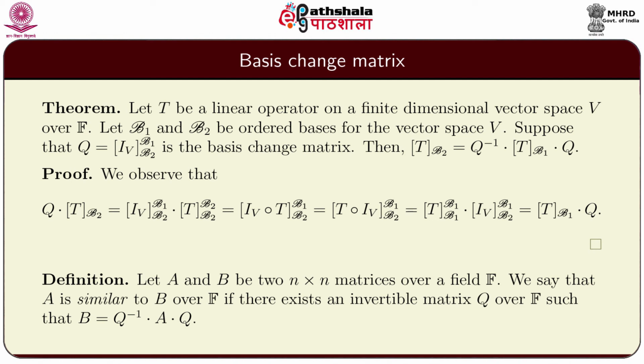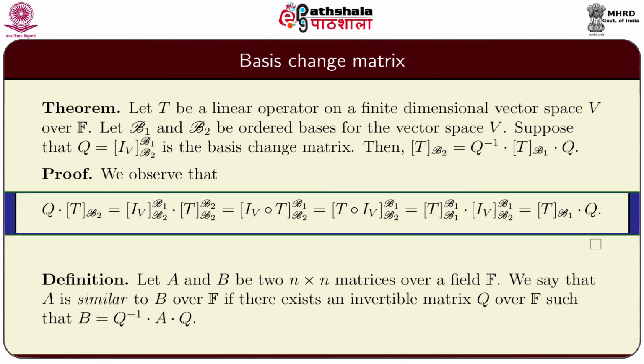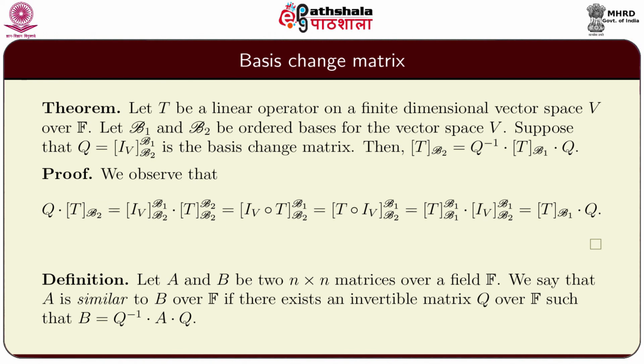How to prove this? We observe that Q times [T]_B2 is nothing but [I_V]_B2,B1 times [T]_B2,B2, because [T]_B2 means [T]_B2,B2, we have already made this remark before. By the theorem we proved, the matrix representation of the composition map is the product of the individual matrices. So, it is equal to [I_V composition T]_B2,B1.